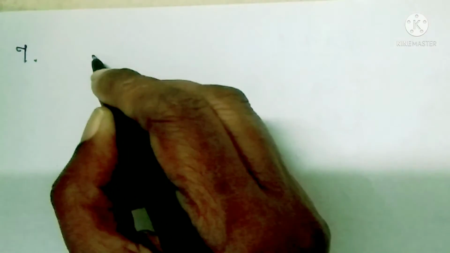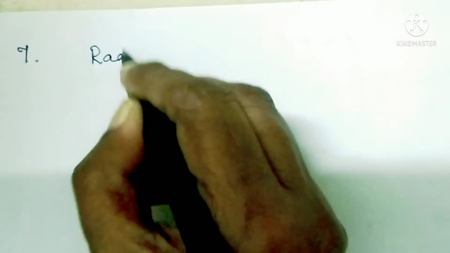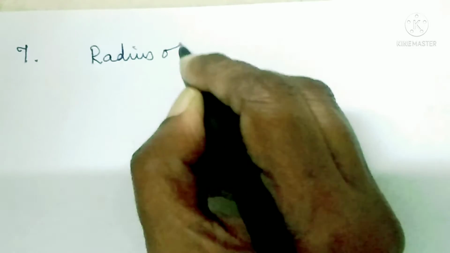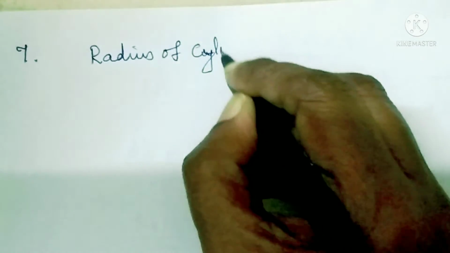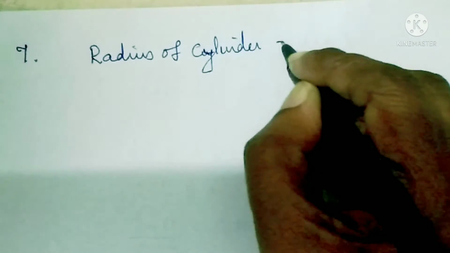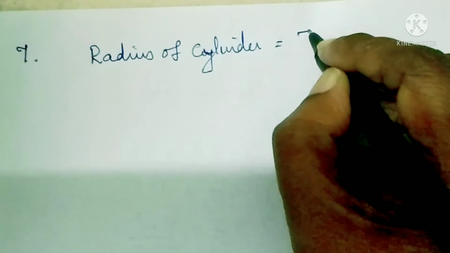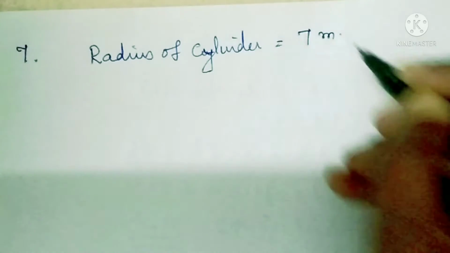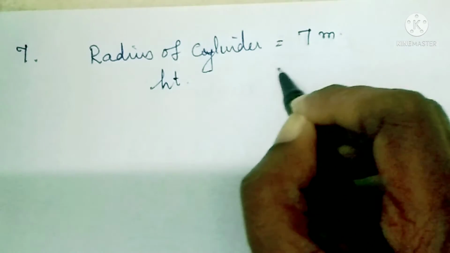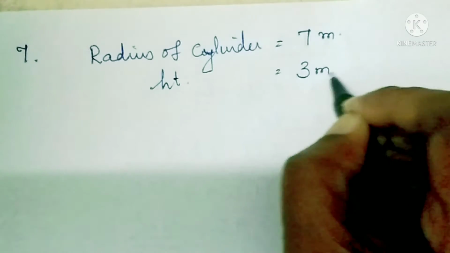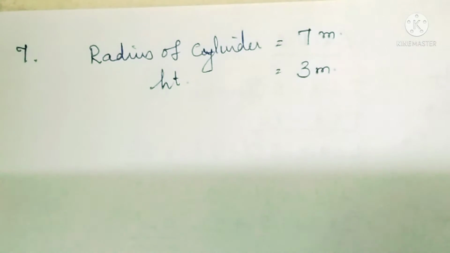The radius of cylinder is equal to 7 meter and height is equal to 3 meter. Now what is the question? If it is made up of a sheet, how much sheet is required to make that?